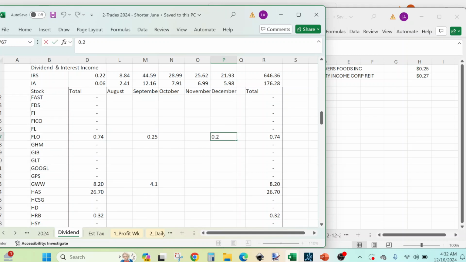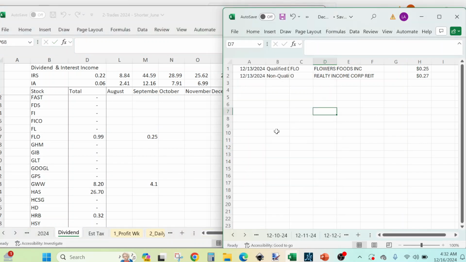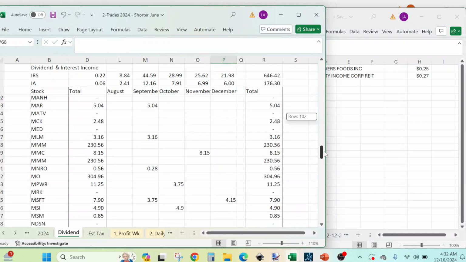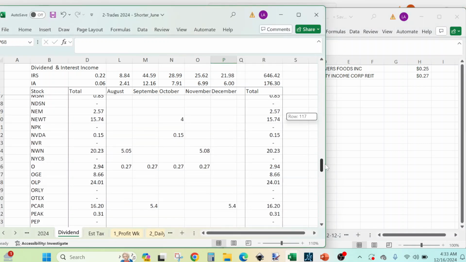We earned 25 cents from one, and the second one usually pays a monthly dividend income. We earned 27 cents from that one, and that is all we have for record keeping.